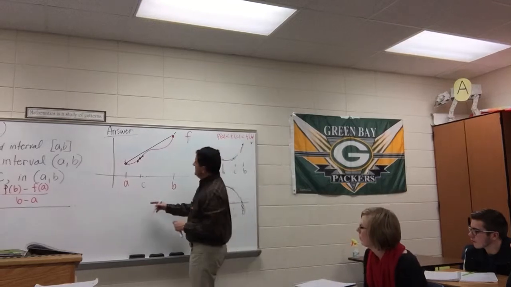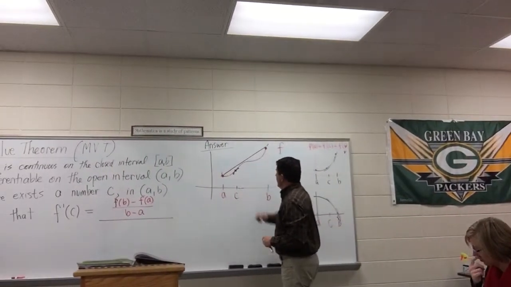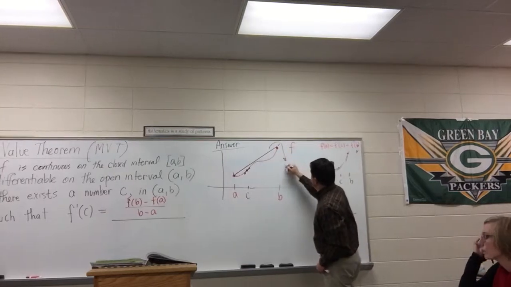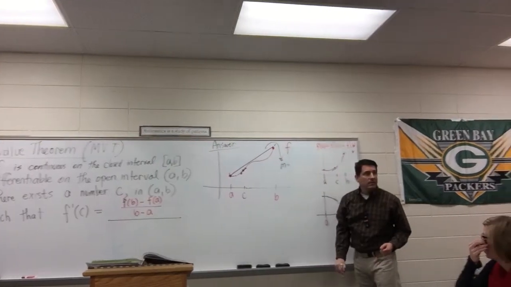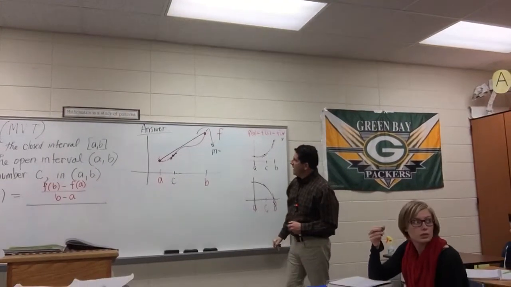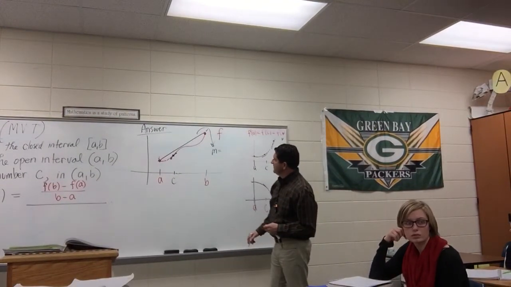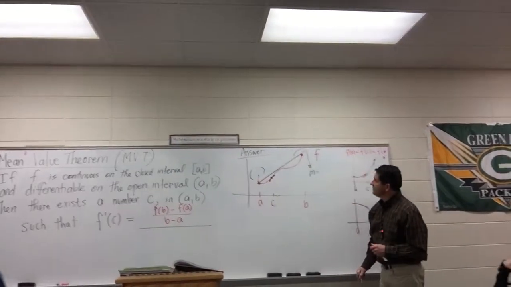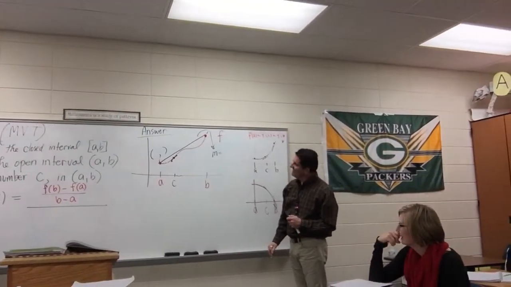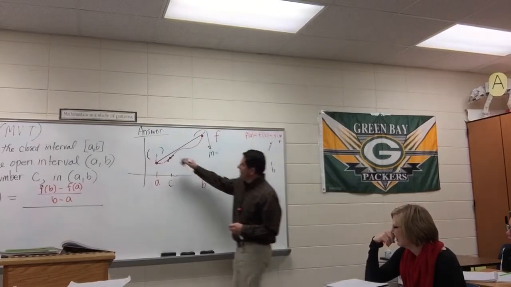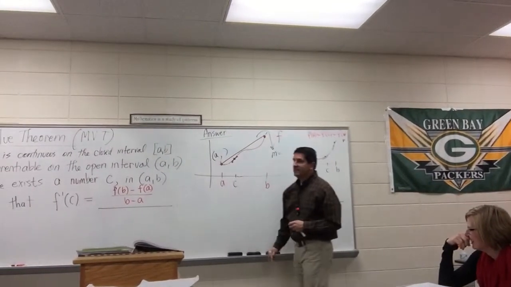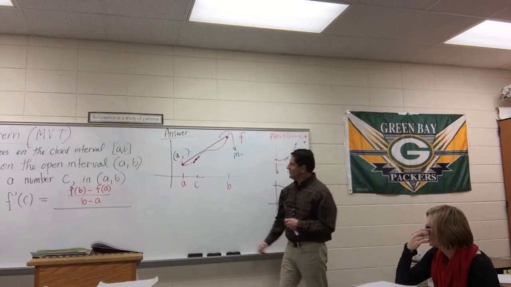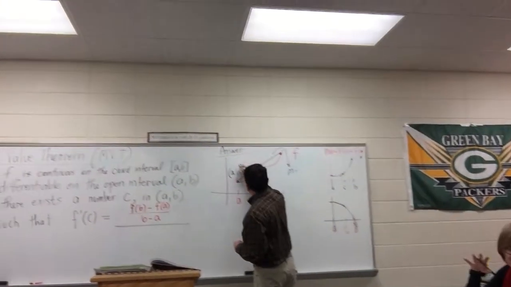And what this says is that if you find the slope of that line, so let's find the slope of this line. M is equal to... I need points. What are the coordinates for this point? It starts off with a, and this is the function f, so the y-coordinate is f of a.